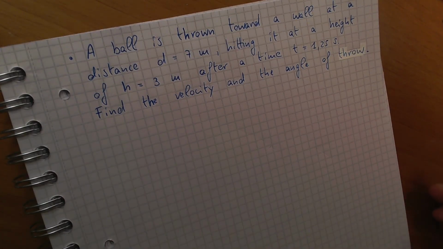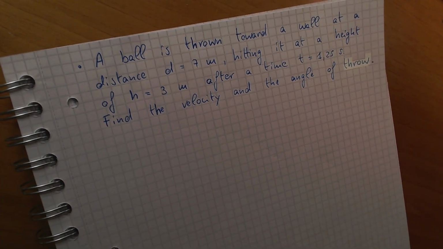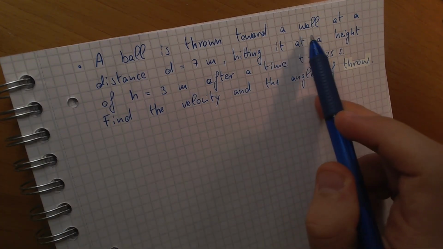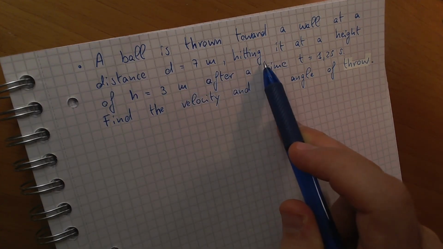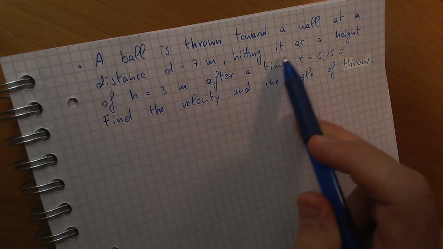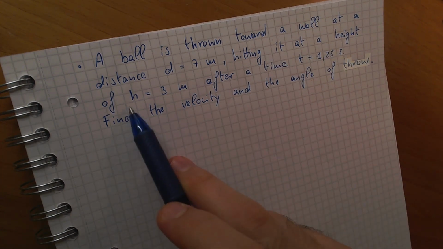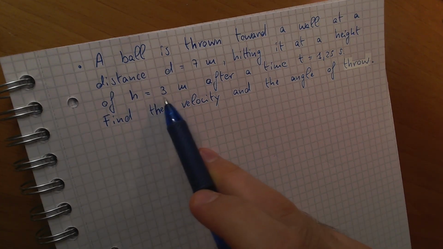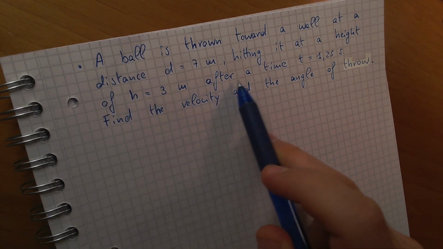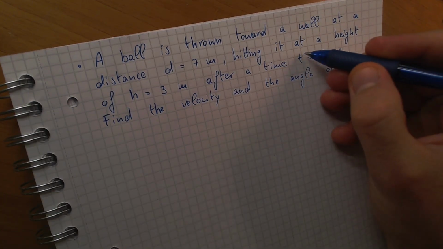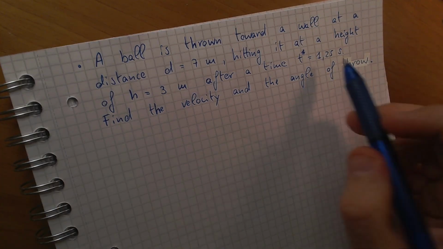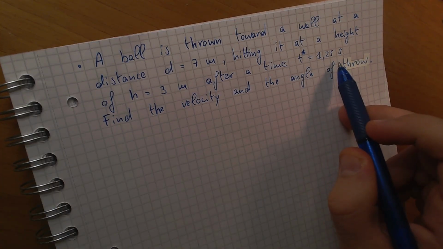Second exercise: we have again a ball which is thrown toward a wall at a distance d, and d is 7 meters, and the ball hits the wall at a height h of 3 meters after a time t star of 1.25 seconds.